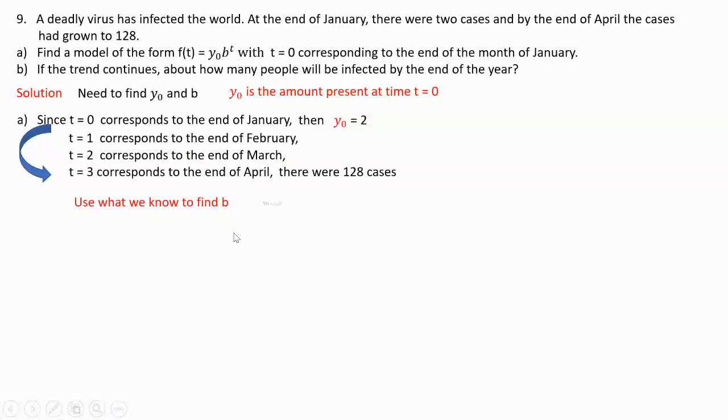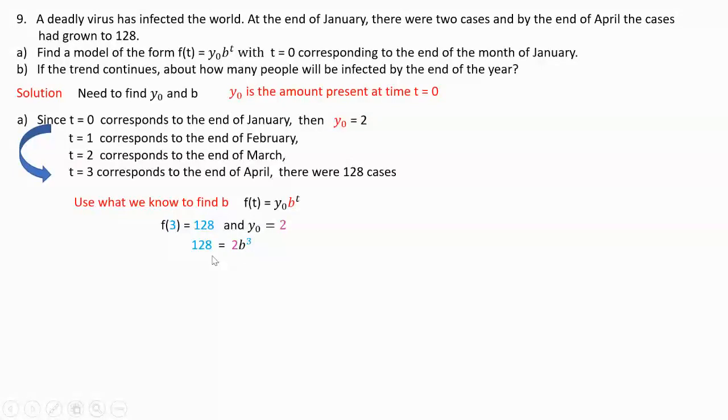Use what we know to find b. We know that my y naught is equal to 2, and from the other point, we know that 3 months later there were 128. So 128 equals 2 times b to the 3rd power, because the 3 is my time. That's why the 3 replaces the t.